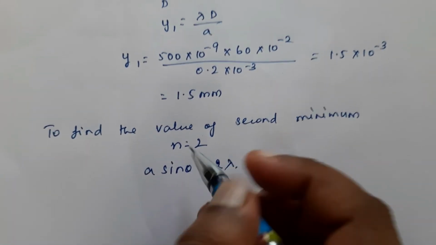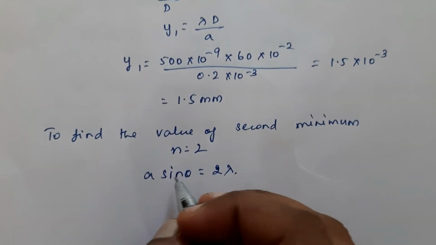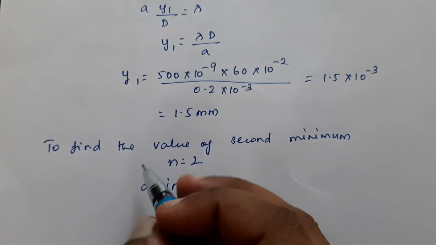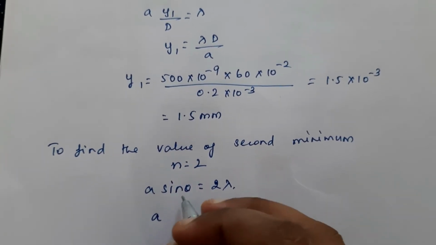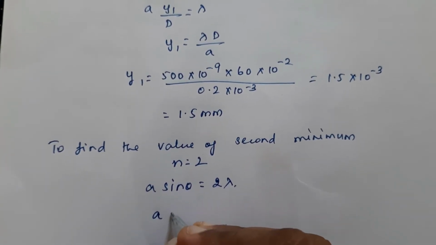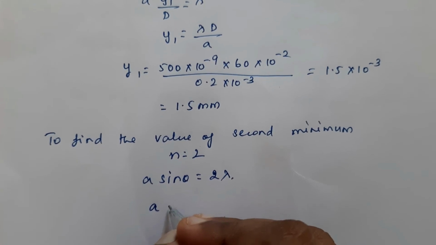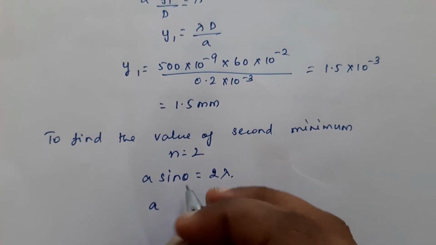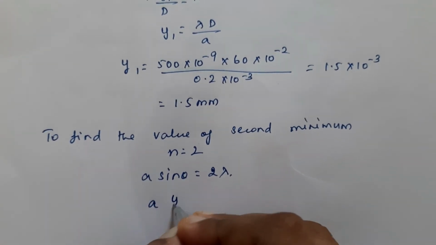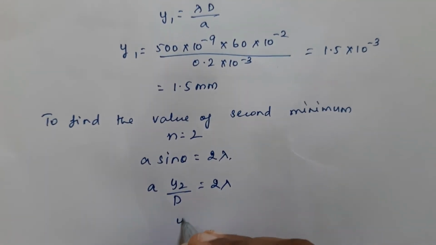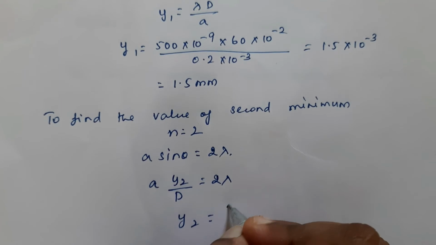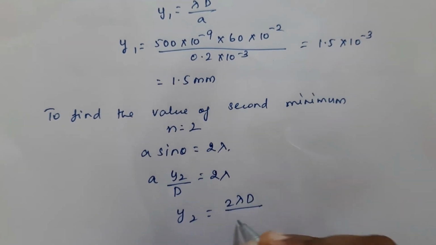We can apply it like the previous one. For tan theta, the distance is y2. So we can write y2 by d is equal to 2 lambda over a, so y2 is equal to 2 lambda d by a.